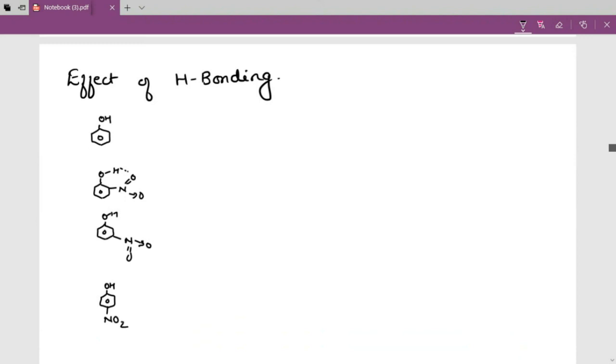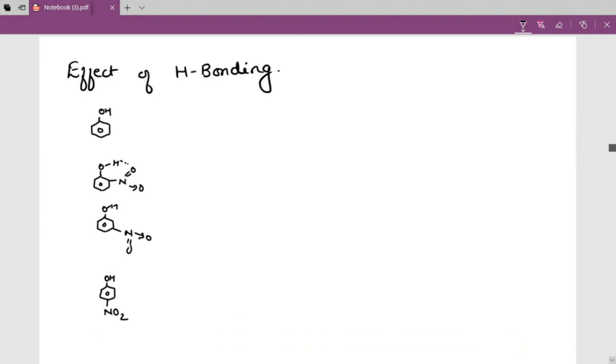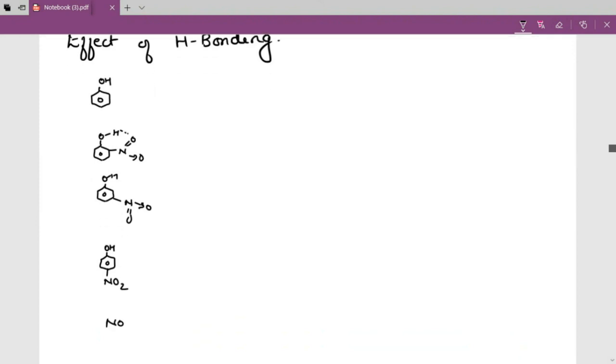Now we know that the NO2 group is a strong minus R and minus I group. So it is overall a good electron withdrawing group. It will increase the acidity of phenol.